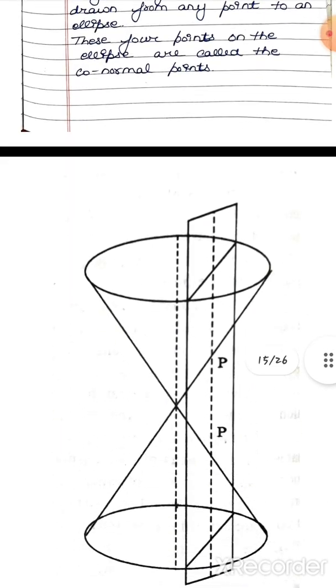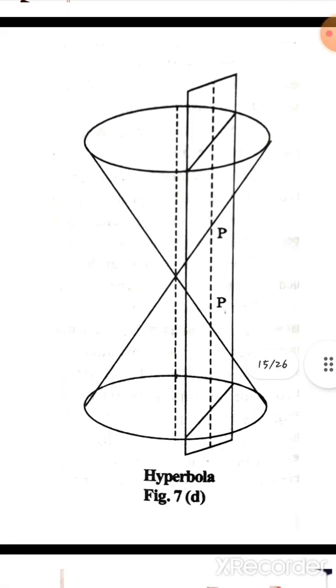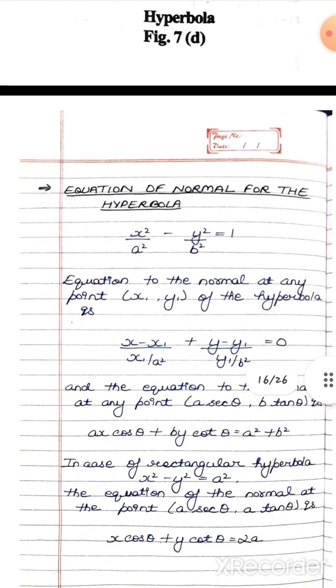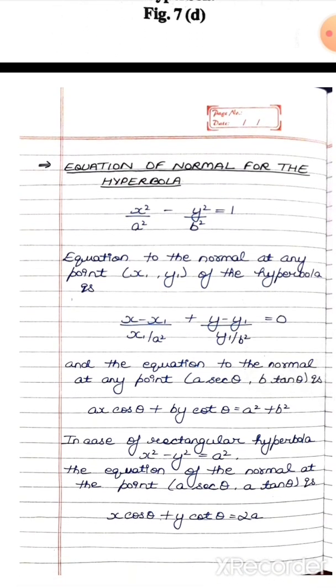Next, we can see a hyperbola formed through a conic section. So let's see how the equation of the hyperbola can be formed. As we know, the equation of the hyperbola is x square upon a square minus y square upon b square is equal to 1.